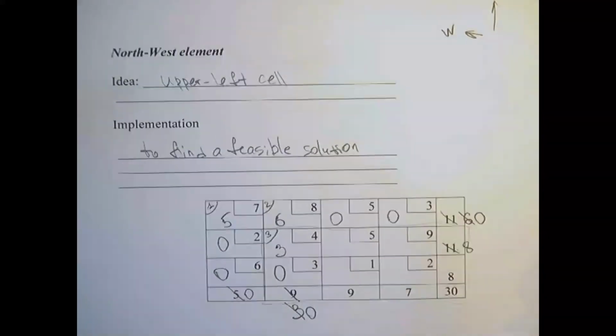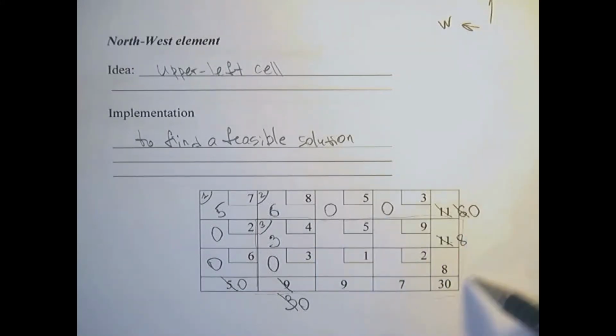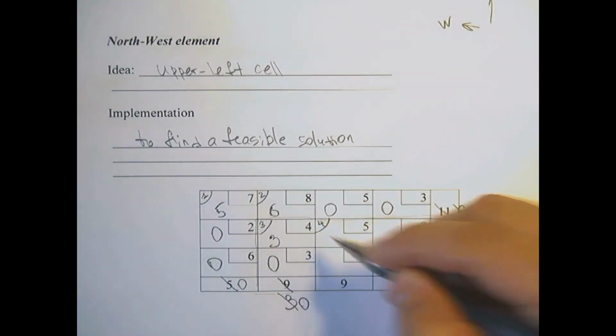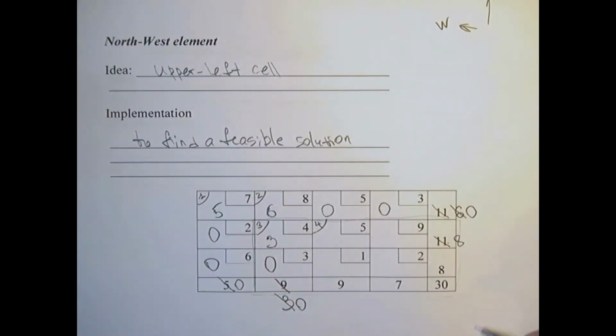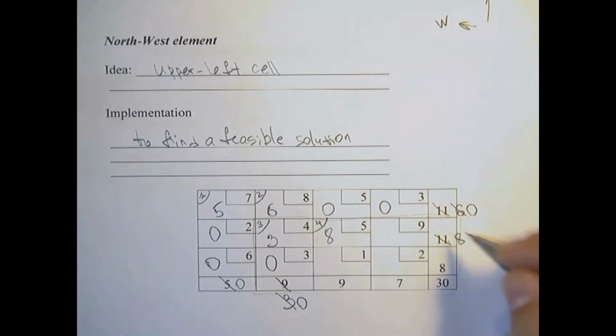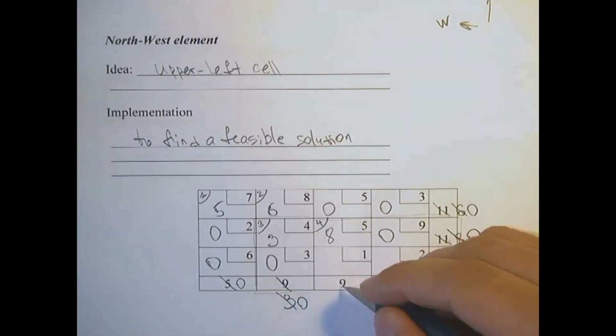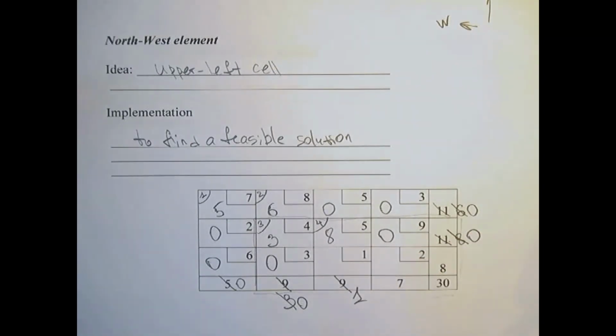Let's continue, and in the remaining table the next upper left cell is this one, the fourth step, and we choose the minimum from 8 and 9, so the minimum is 8. So it is 0 here, and 0 goes here, and now instead of 9 the remaining demand is 1.